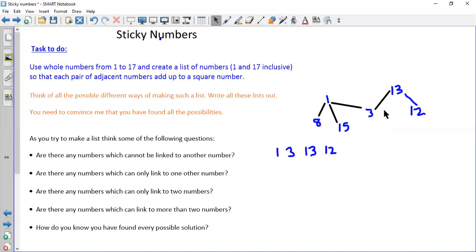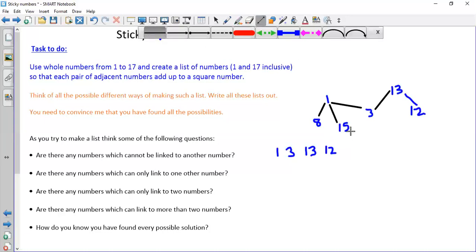3 can be linked to 13. Can you think of something else that 3 can link to? 3 can also link to maybe 6, because 3 plus 6 will be 9, and 9 is a square number. So are there any numbers which can only link to one other number? Can you think of any other numbers that can only link to one other number? So I can actually think about 15. But hang on a minute, 15 can also link to 10.